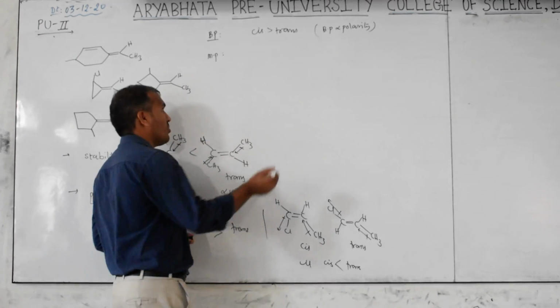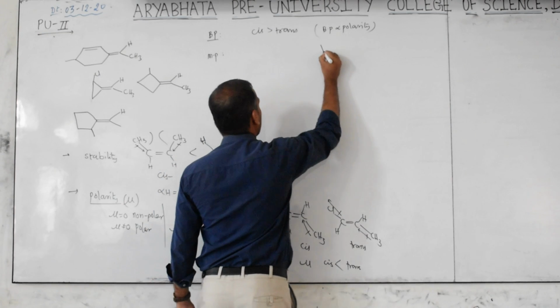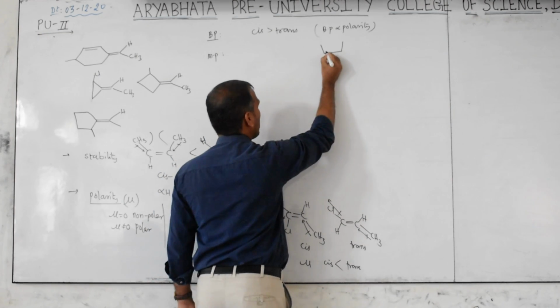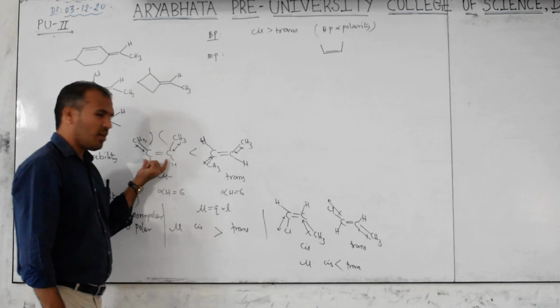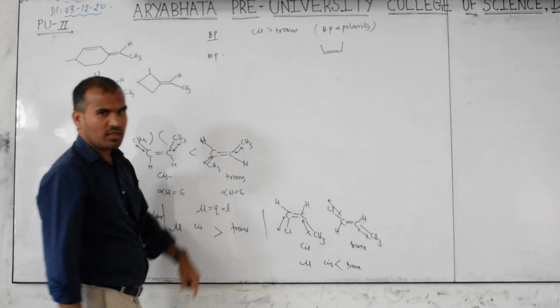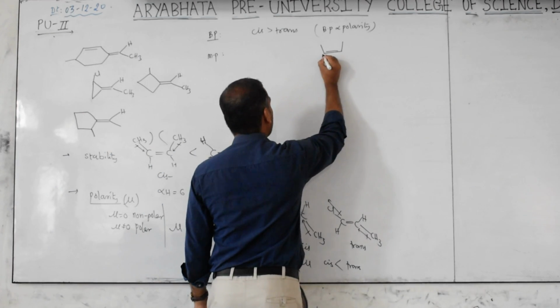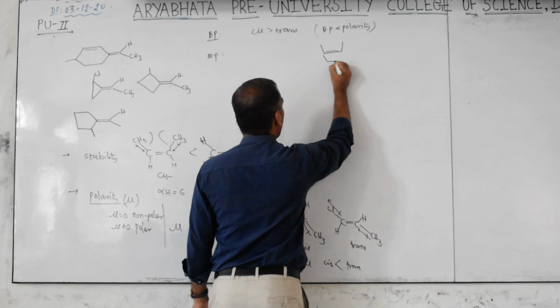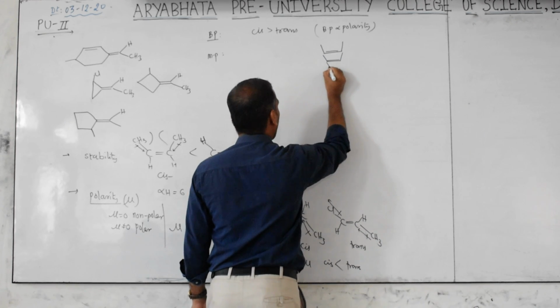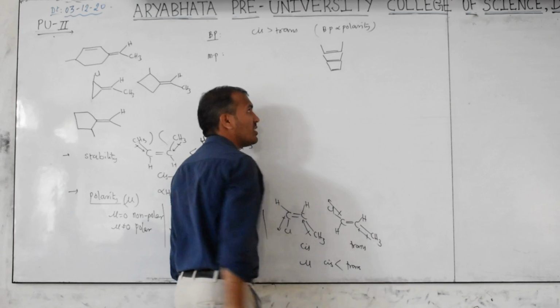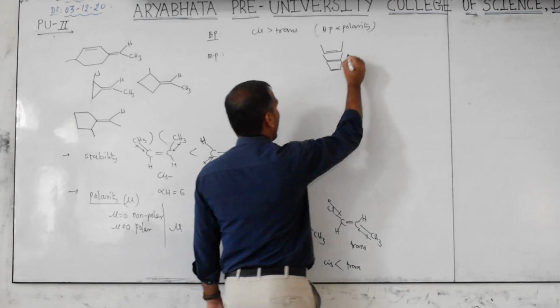Now see, that is what I want to show you here. This is the cis form, represented in the bond line structure. Now like this is the trans form, observe.